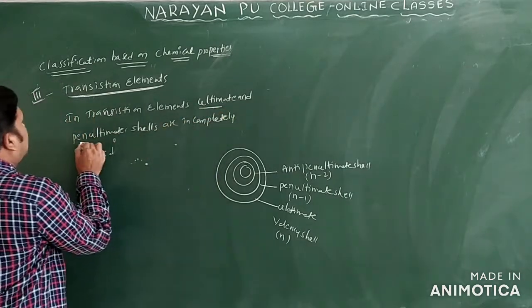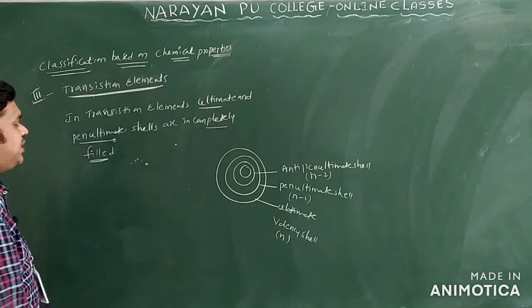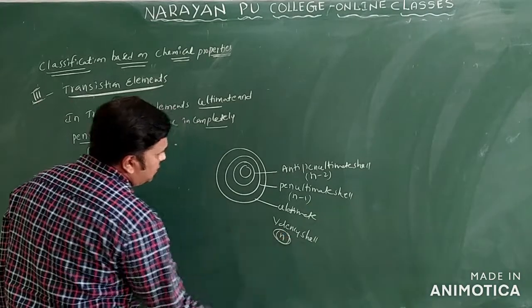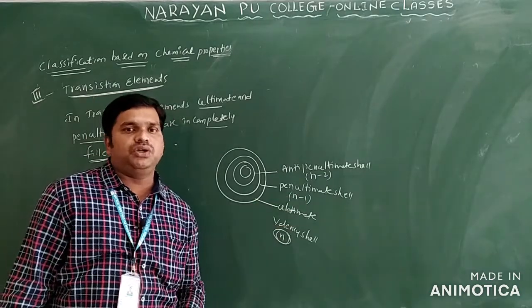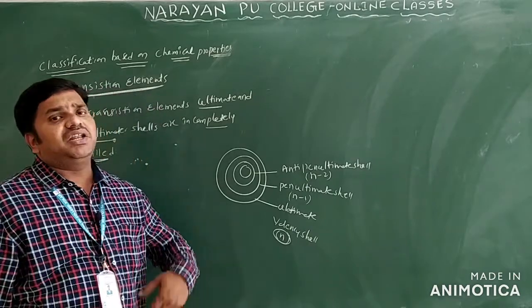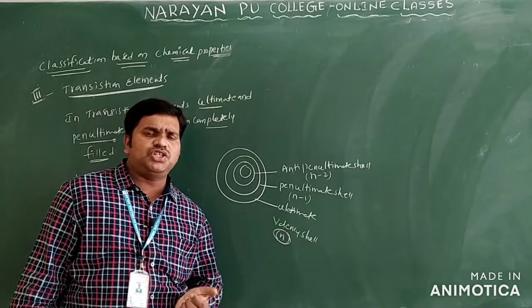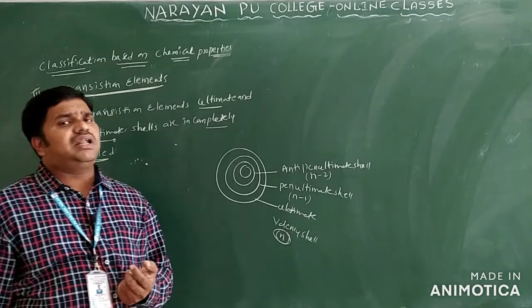Here the ultimate shell and penultimate shell are incompletely filled. So the valence or ultimate shell is n, and one more, n-1, you have to take. For the antepenultimate shell you take n-2. Generally, D block elements are called transition elements, but not all D block elements can be called transition elements.